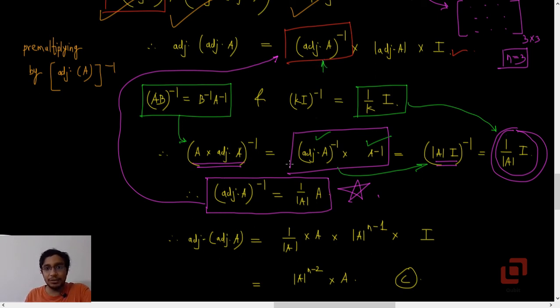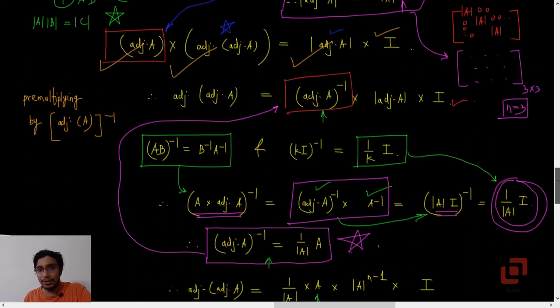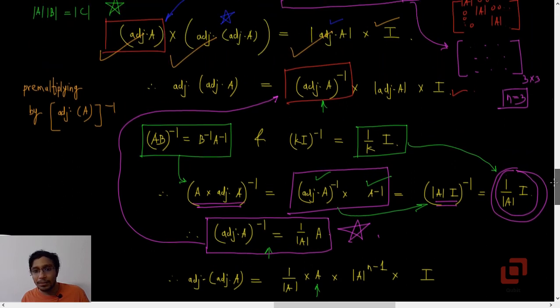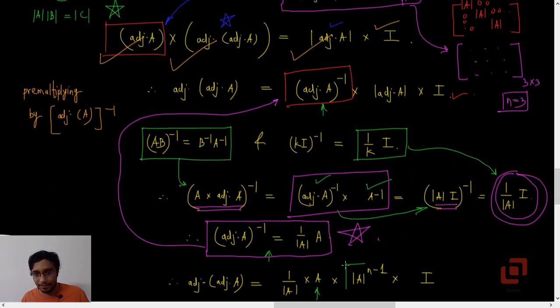Then all we need to do is substitution. Adjoint of A inverse should be put there. So adjoint of adjoint A will be 1 upon determinant of A into A into determinant of A raised to n minus 1 into I, because we have already calculated the determinant of adjoint here.